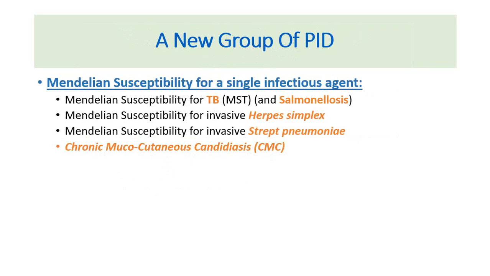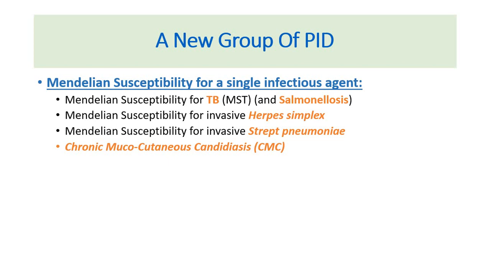There is also the last group, which is a new group of primary immune deficiencies, where the patient has susceptibility for only one type of microorganism, like the Mendelian susceptibility for a single infectious agent. For example, there is Mendelian susceptibility for mycobacterial tuberculosis.